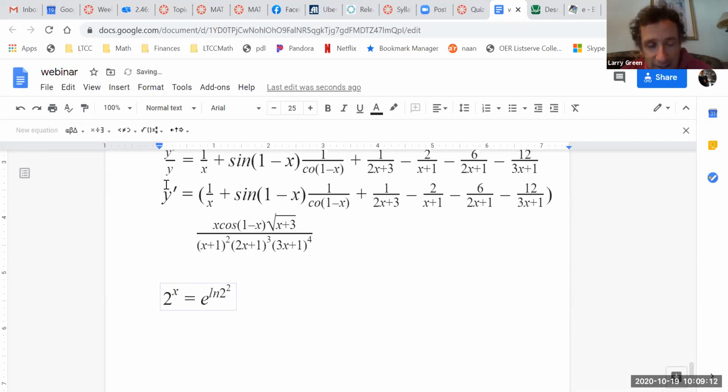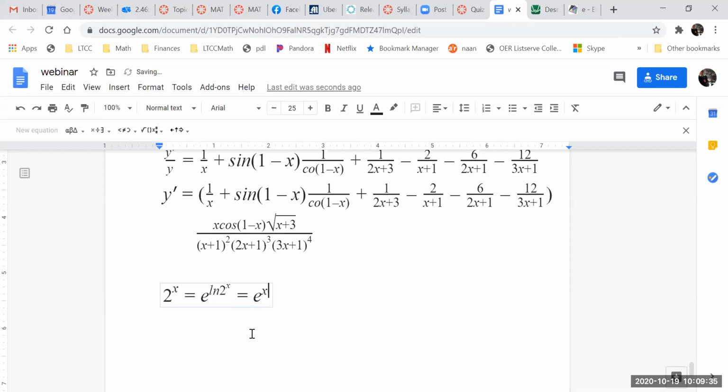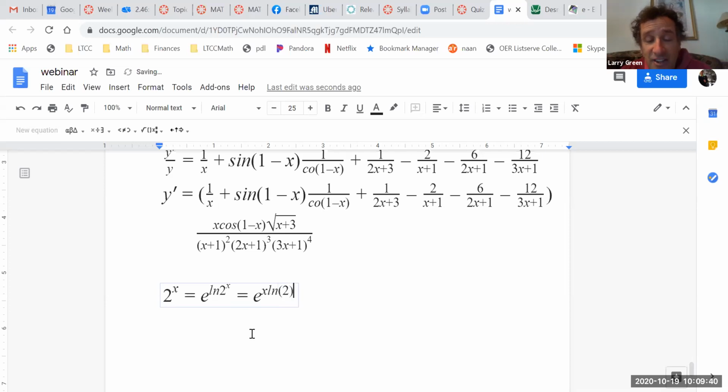I'll let you know that there's a reason that I'm doing this. It's like, why would I make it messier? But there's a reason. Ln of 2 to the x, there's a log rule when you have a power. What can I do with that x? You can pull it to the front. Yeah, I can write it as x times ln of 2. And ln of 2 is a constant.